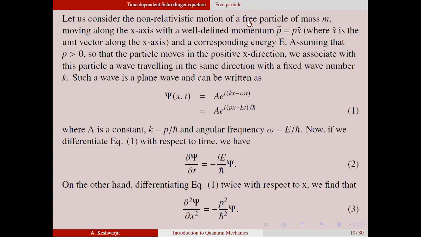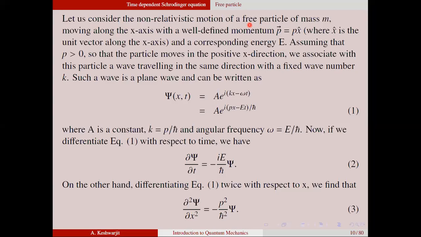So if there is no force acting on the particle, which quantity remains constant? The potential energy of the particle remains constant.